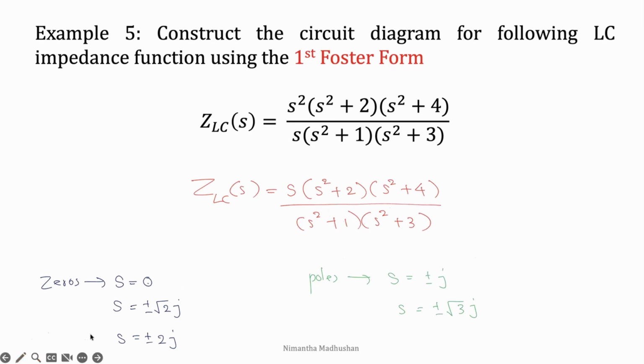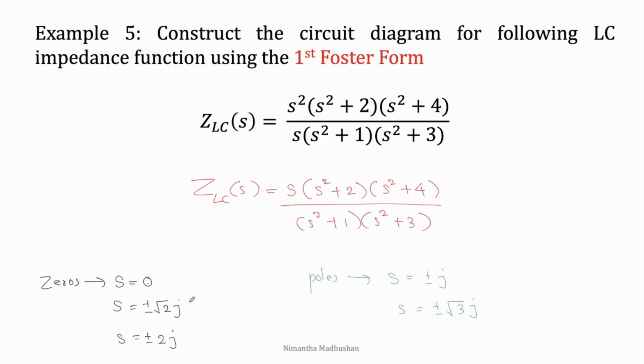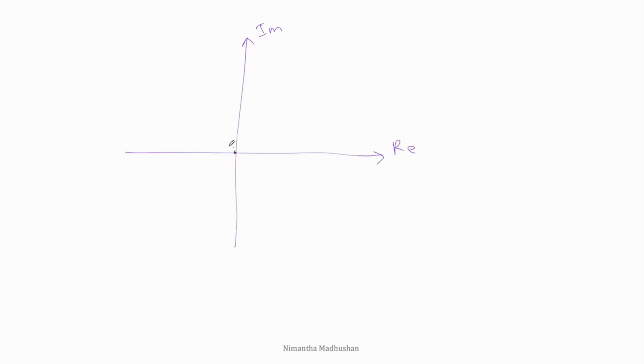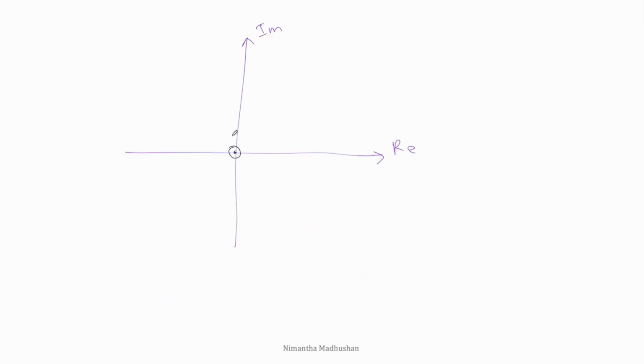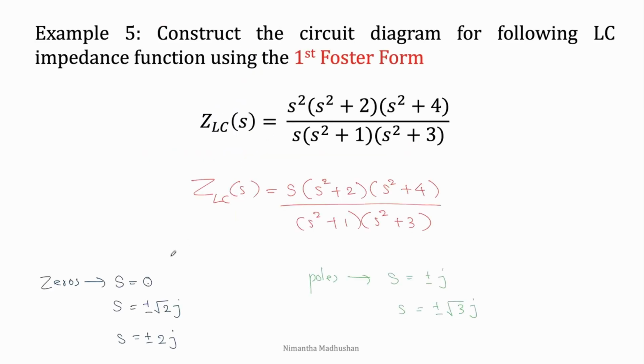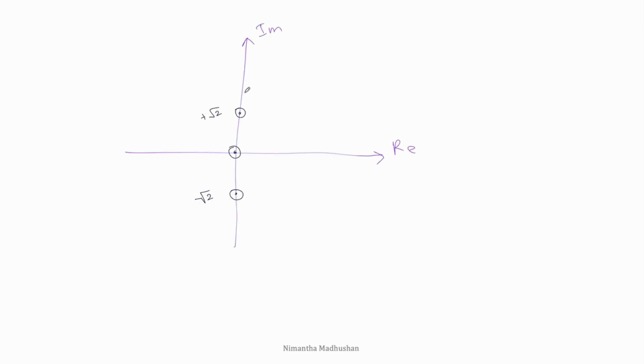Now if we plot the poles and zeros in the complex s plane, with the real axis and imaginary axis, for the zeros there is one at the origin, then plus or minus root 2 j, which is around 1.4, and then plus or minus 2j.